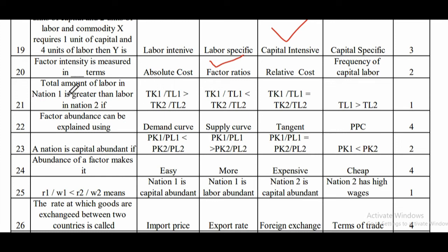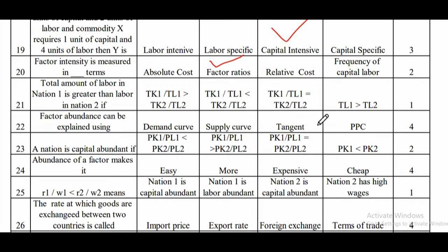Now the next one is, total amount of labor in nation 1 is greater than the labor in nation 2 if, and they have given you 4 situations in front of you. TK1 divided by TL1 is greater than TK2 divided by TL2. The second option is TK1 divided by TL1 is less than TK2 divided by TL2.